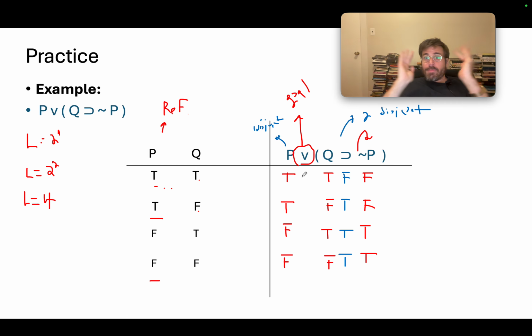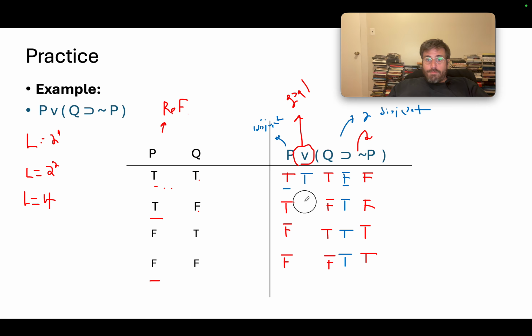Remember our rule. Disjunctions are only false when both of the disjuncts themselves are false. As soon as you have one true disjunct, the wedge as a whole is true. So let's do our comparison. I have a true value for P and a false value for horseshoe. So because we have that one true P, the first row of wedge is true. Right? Only need one true disjunct. The second row for P is similarly true, and the value for horseshoe is true.